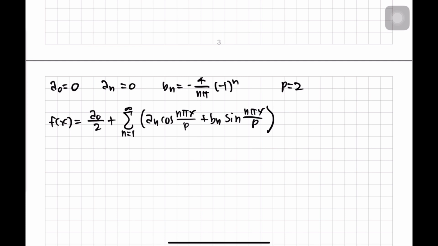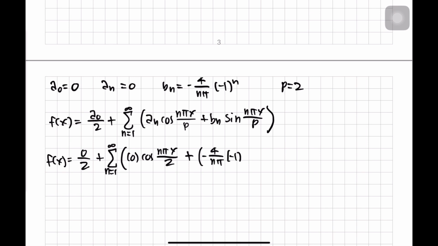Okay, so now let's substitute the values. So a sub 0 is 0 over 2 plus the sum from n equals 1 to infinity. Our an is 0, 0 cosine n pi x over 2. Our bn is negative 4 over n pi negative 1 n. Alright, that's our bn sine n pi x over 2. Okay, so we have this value.